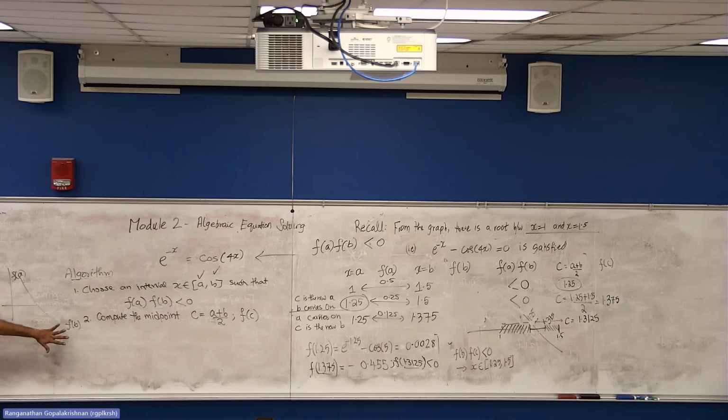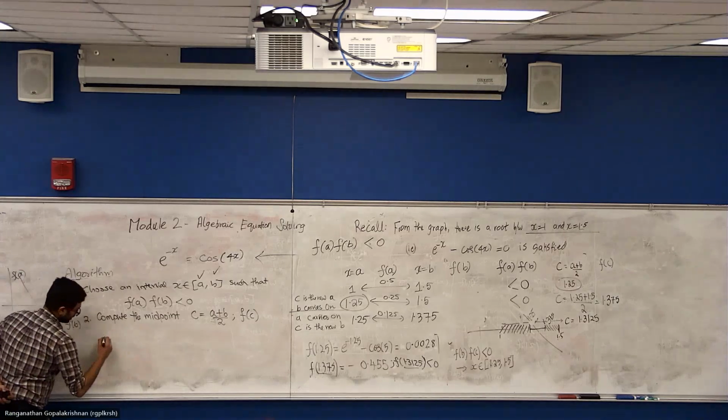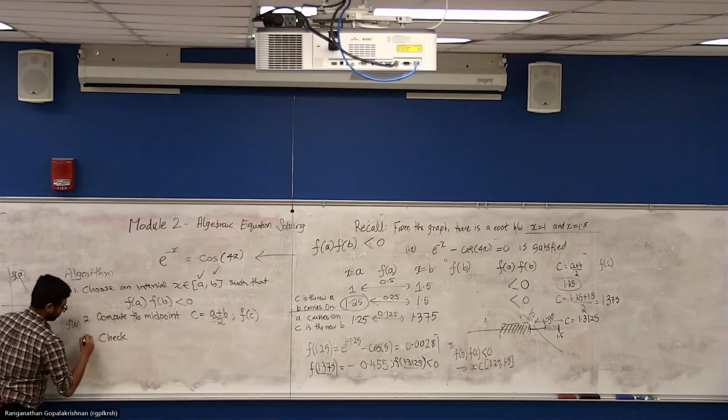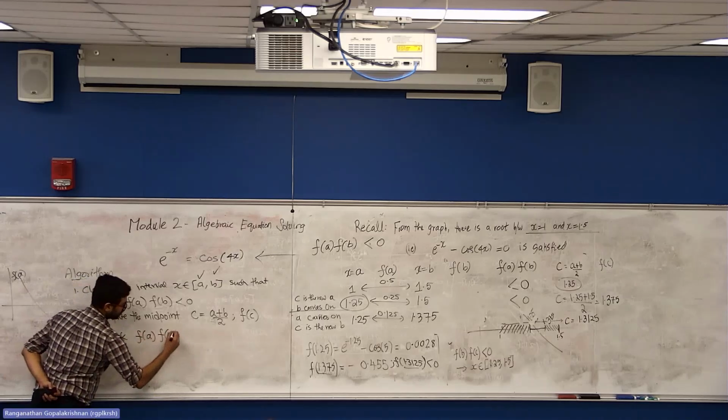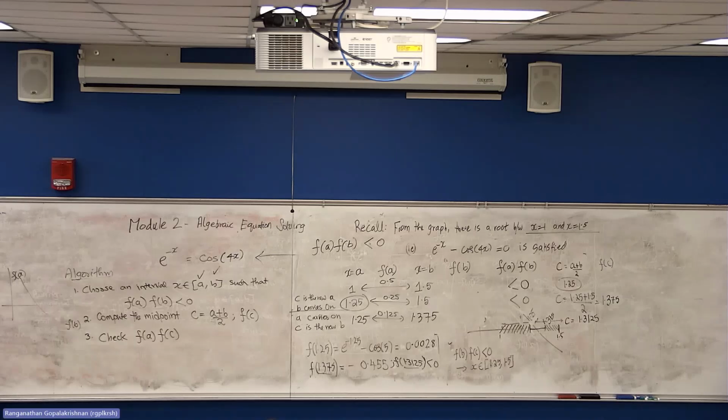Okay, we computed the midpoint. You can do it like this. Take f of A times f of C, or check the product of f of A and f of C. You don't have to think too much here. Let's say your interval is A to B and C is your midpoint.